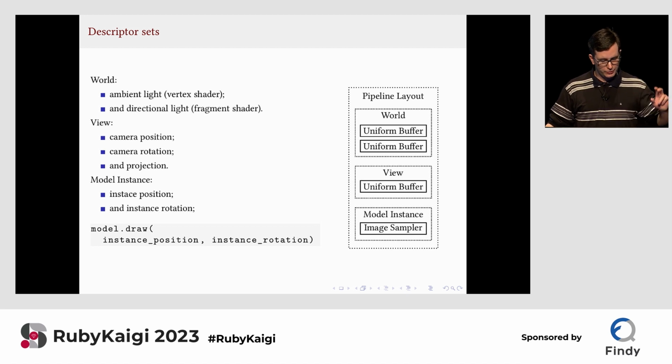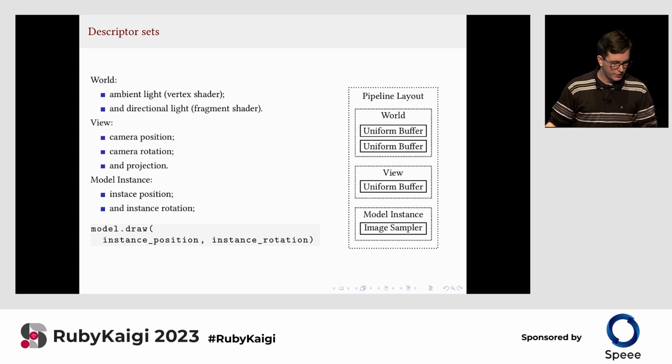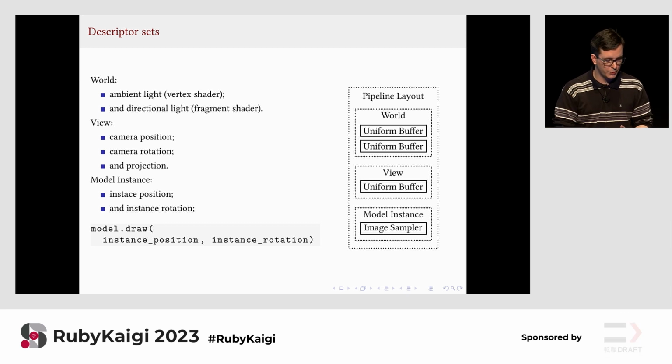Also, we have the view. We had two views in the example: the view at the top with 2D images and the view at the bottom with 3D images. The view needs a camera position, a camera rotation, and a projection. Projection is, for example, an isometric 3D view, where everything has the same size, though it doesn't have depth like in real life.